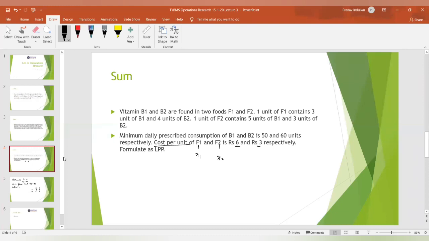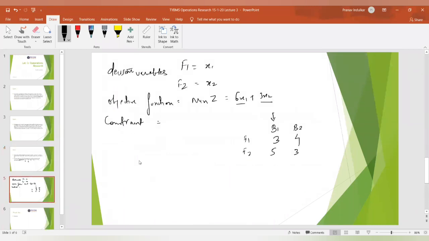Minimum daily prescription of B1 and B2 is 50 and 60. So mark B1 as 50 and B2 as 60 minimum intake. Is that clear? F1 is your x1, F2 is x2. So start making the constraints: 3x1 plus 4x2, sorry, 5x2 greater than or equal to 50. Yes, I got it, Kajal, that will work.